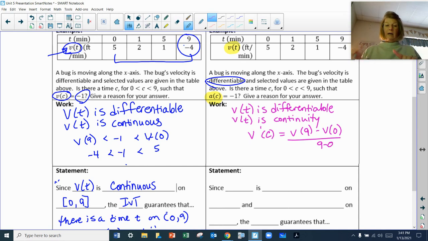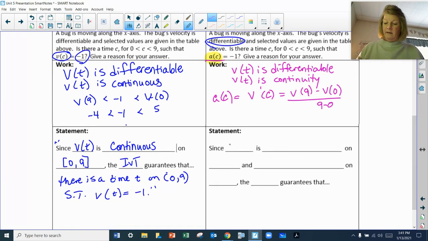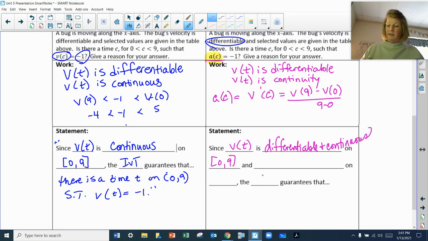Let's get our derivative down. Oh, we can't, because all they did is, I could say a of c if I wanted there, which is equal to v prime. The statement, since v of t is continuous and differentiable, I know they only gave us one blank, but I'm going to include both, differentiable and continuous on our 0 to 9.